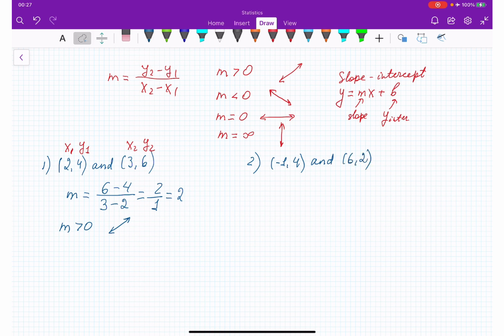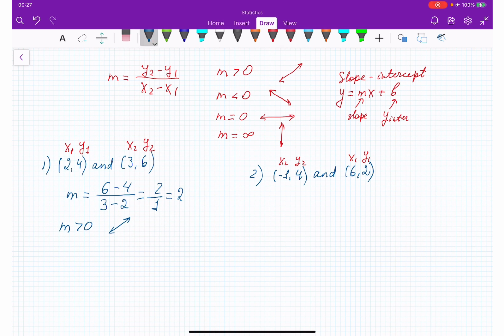So in this case, I'm going to use this one as x2, y2, and this one as x1, y1, to show you that it doesn't matter which one is set as x2, y2 and which as x1, y1.